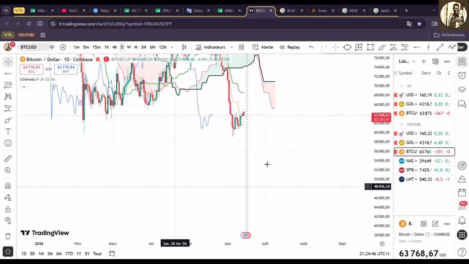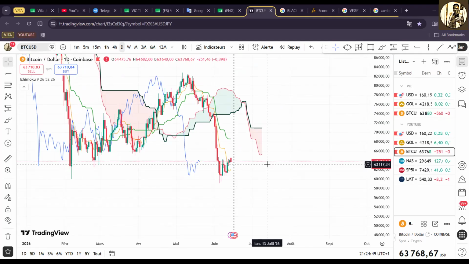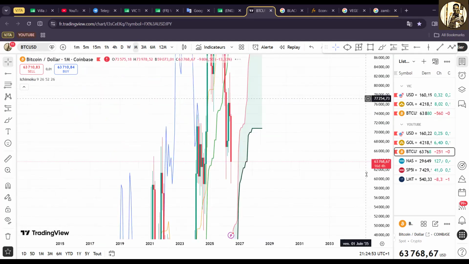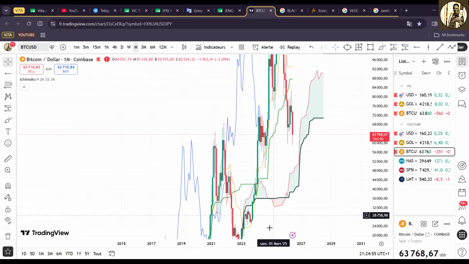So how do you then know that you can actually predict the movement of a trade using these arrows? How do you know?